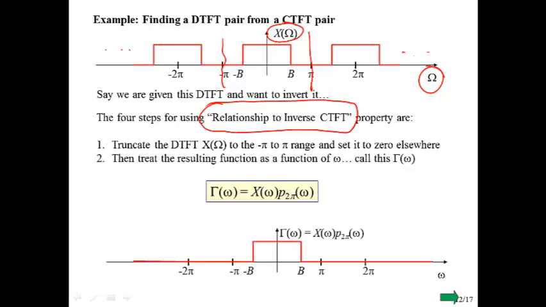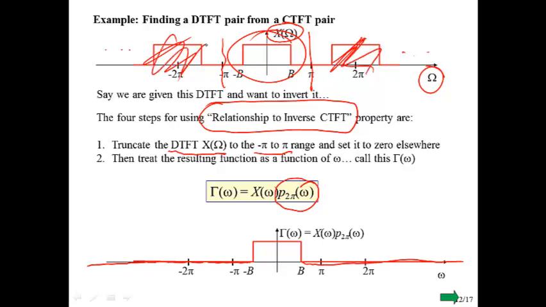The idea is you truncate to the minus pi to pi region. So we get rid of this and we get rid of this, and we imagine extending the 0 out forever. We just multiply by this rectangle, not because there's a rectangle here, but because that's the mechanism by which we zero these things out.